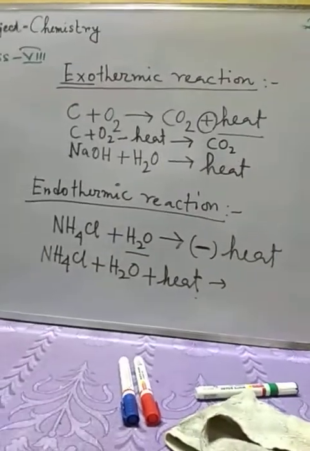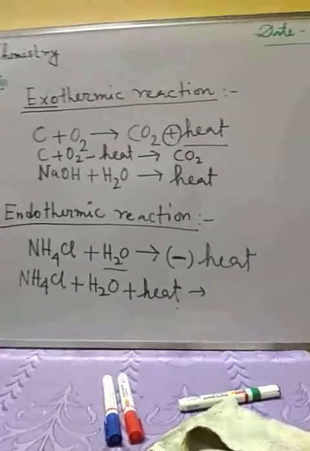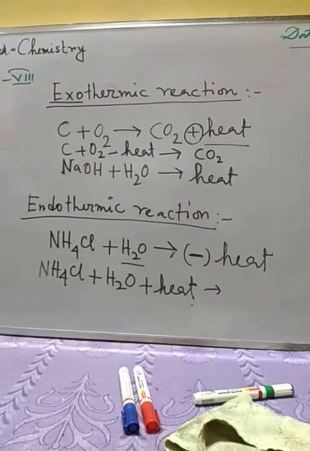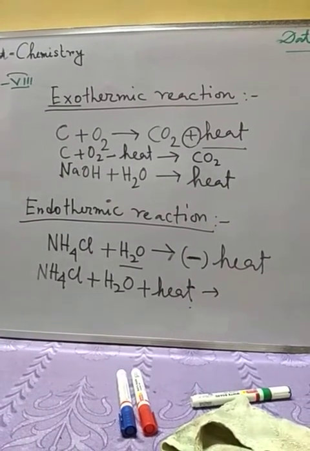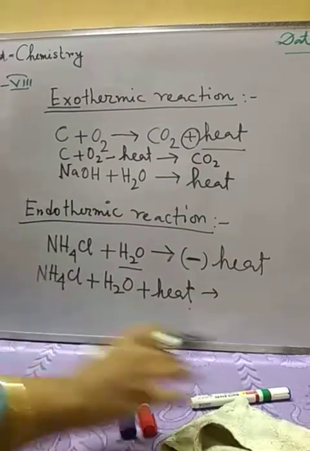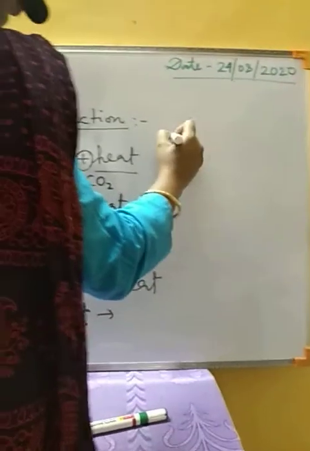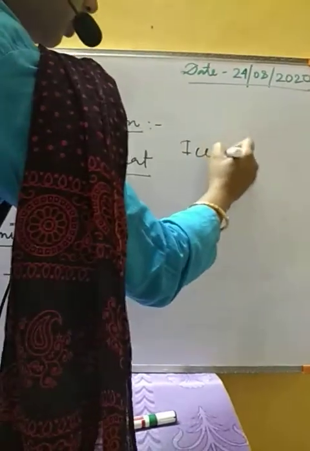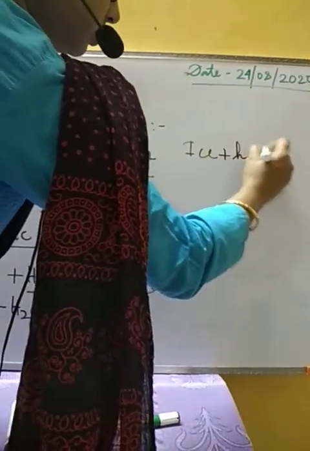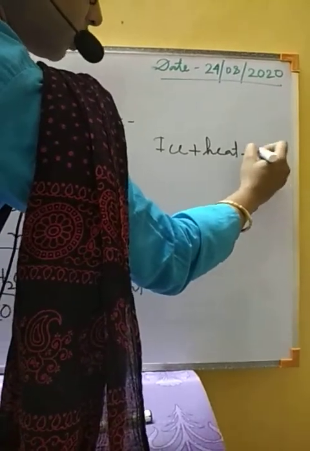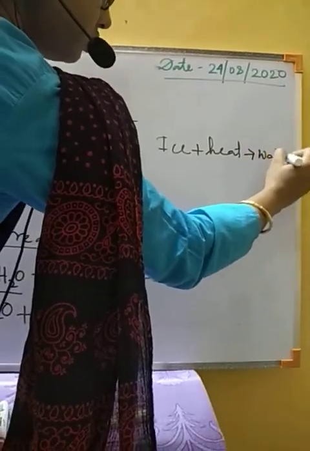So endothermic reactions are those reactions where heat is absorbed during the reaction. Melting of ice is also an example. Writing here: ice plus heat, then we are going to get water.